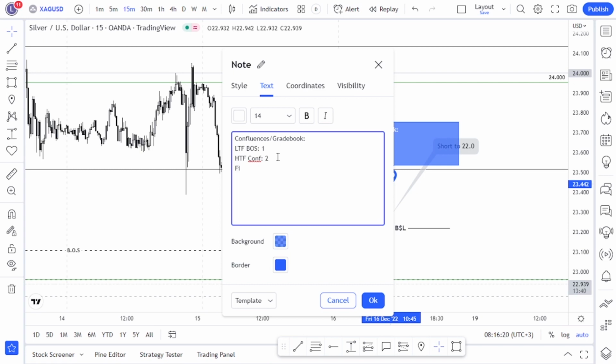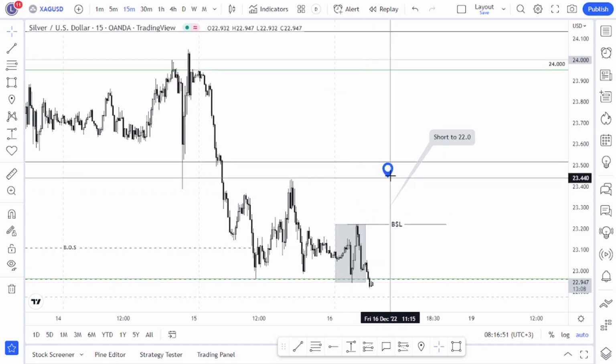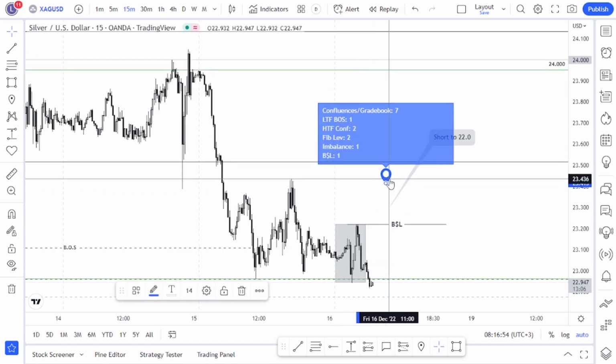There are the fib levels, to give a 2, and then there's imbalance, which I'll give a 1, and then there's buy side liquidity, which I'll give a 1. So currently this setup has a grade of 7, which is a high probability setup. So that's what we're waiting for, and this is the reason we're waiting for that.